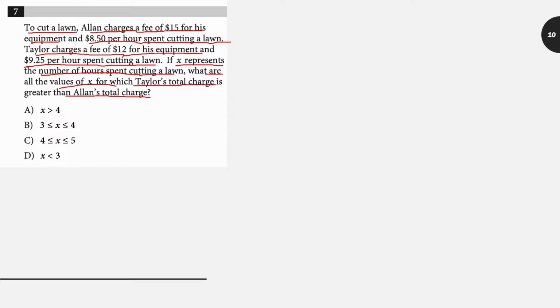So Alan's equation is 8.50x plus 15. And for Tyler's equation, it is 9.25x plus 12. You're trying to find the values of x for which Tyler's total charge is greater than Alan's total charge. So you set Tyler's equation greater than Alan's.